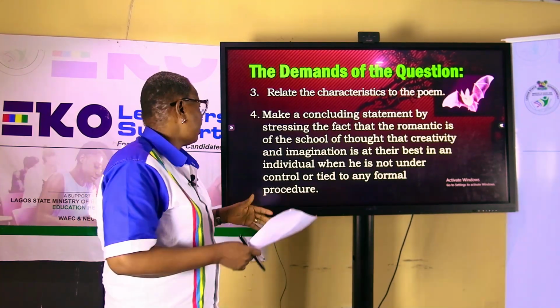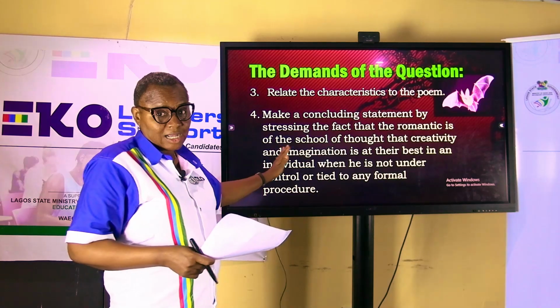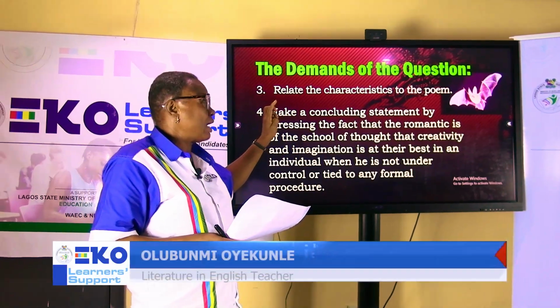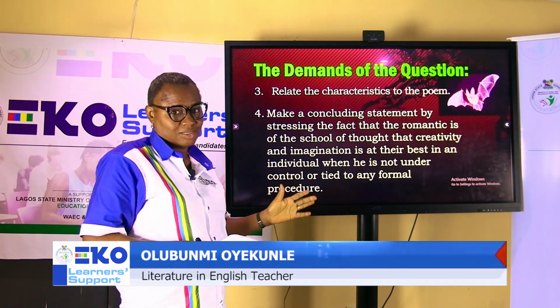illustrations from the poem. Make a concluding statement by stressing the fact that the romantics is of the school of thought that creativity and imagination is at their best in an individual when he is not under control or tied to any formal procedure. This actually is portrayed vividly in one poem by William Wordsworth called The Schoolboy. Yes.